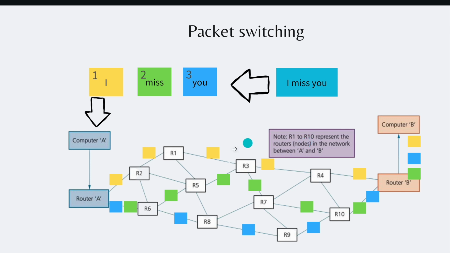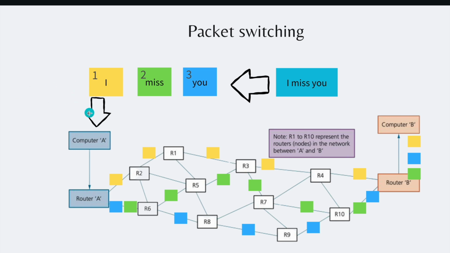If today we want to send a message, "I miss you," to a friend by packet switching, the first step is to divide the data into small packets. So we will separate the sentence into 3 parts.